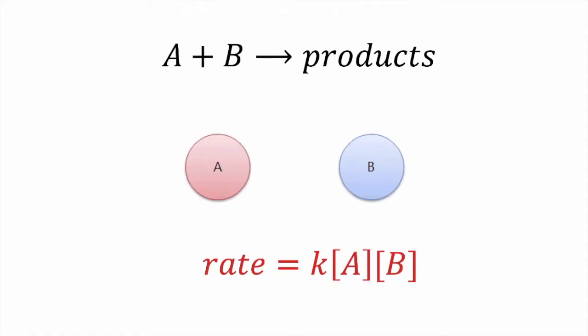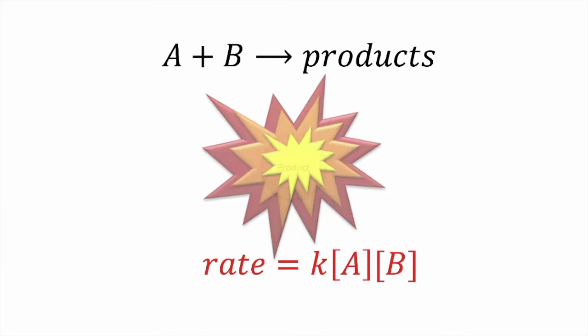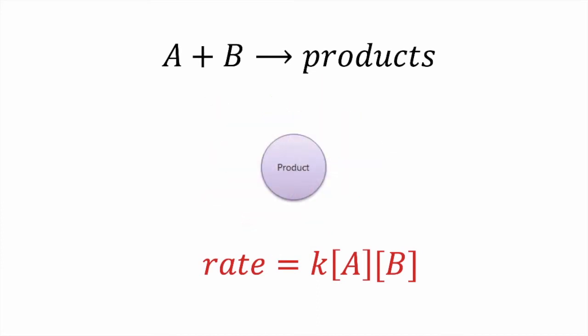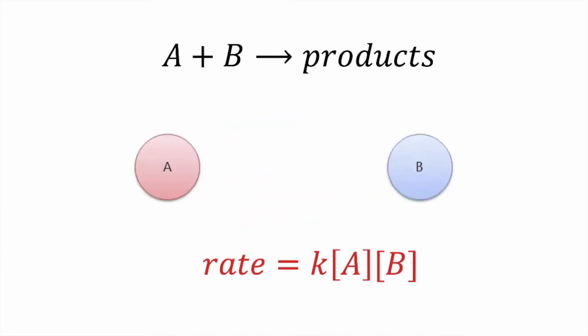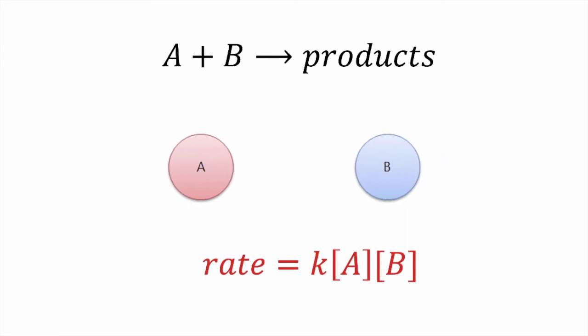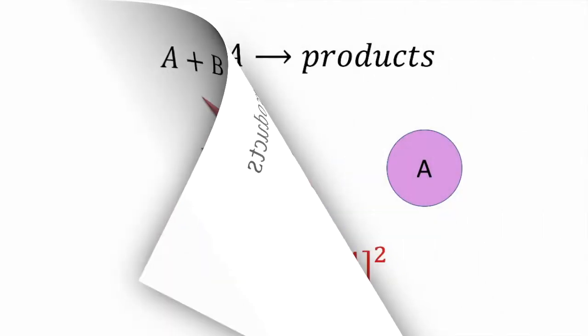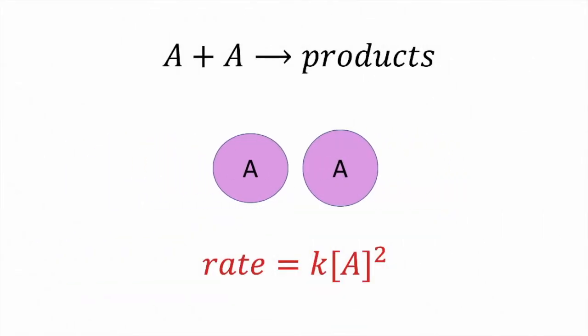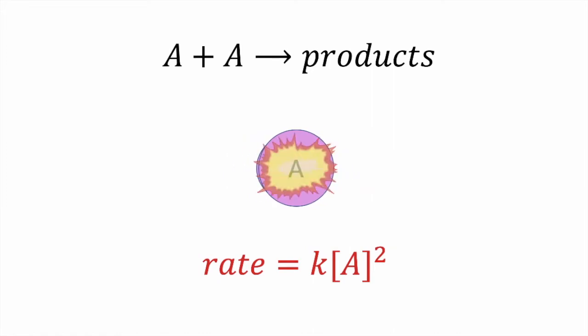In bimolecular reactions, you have two ions or molecules or species that are reacting to form products. Sometimes you have two different species colliding, and sometimes you have two molecules of the same species.